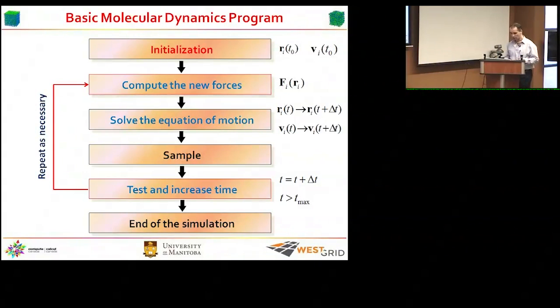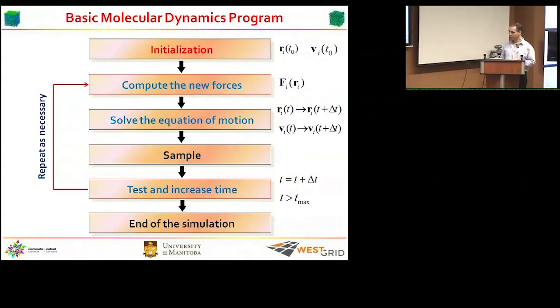Then there is another step which is called sampling. In this step, we do many computations, for example, if you want to compute some properties and print them, or if you want to save the trajectory and so on.